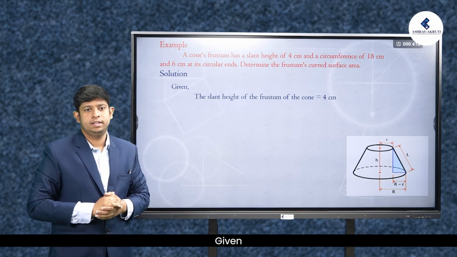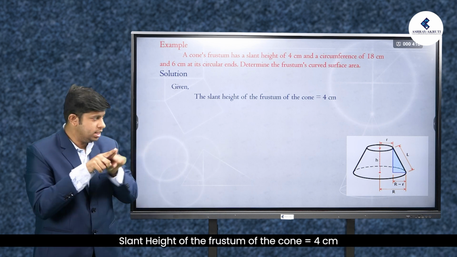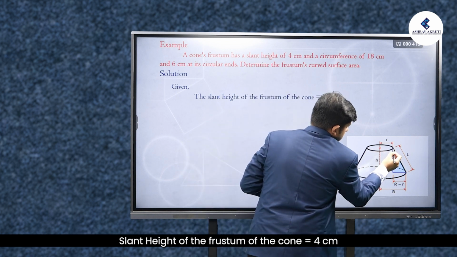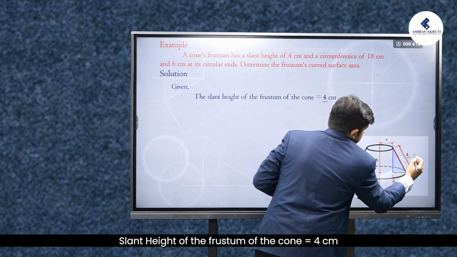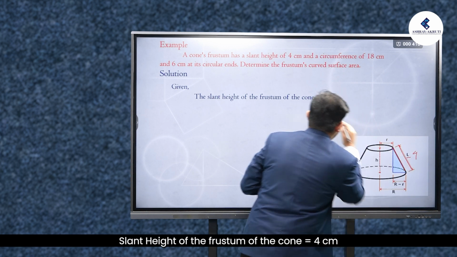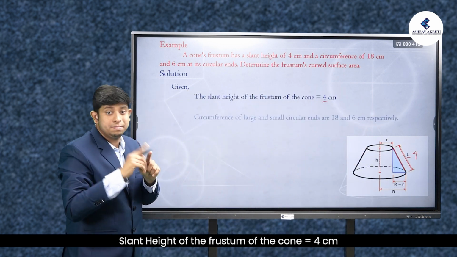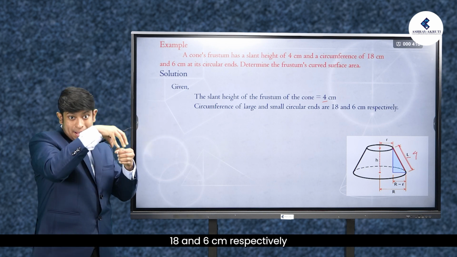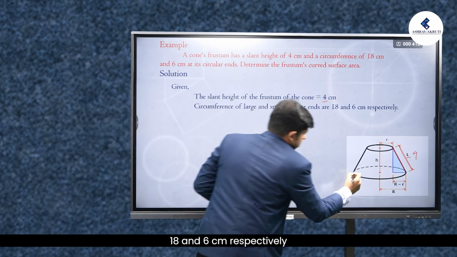Given slant height of the frustum of the cone is equal to 4 cm. Circumference of larger and smaller circular ends are 18 and 6 cm respectively.